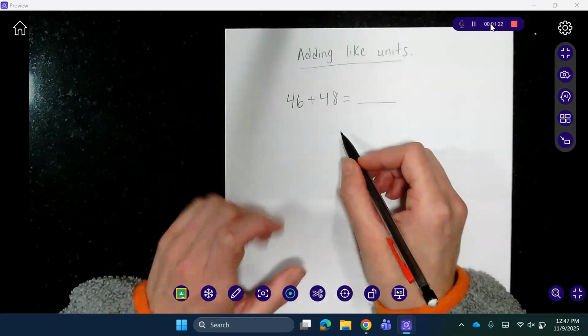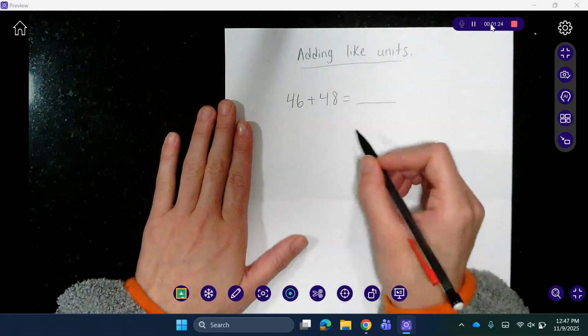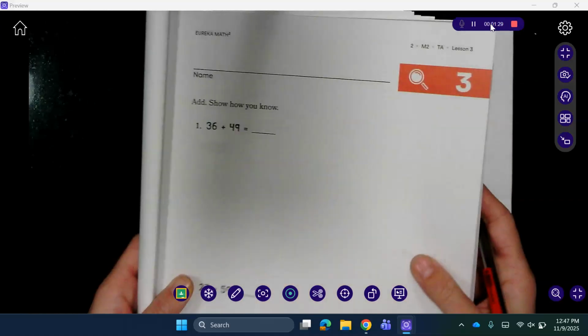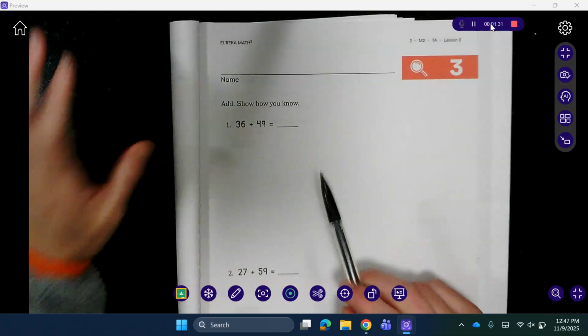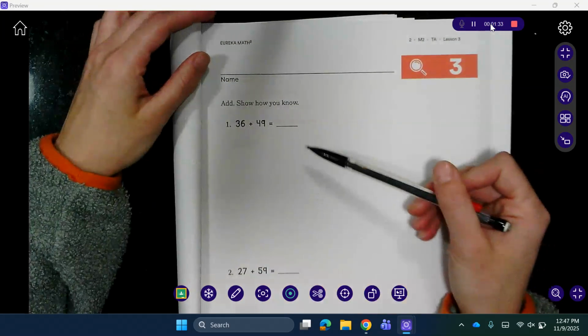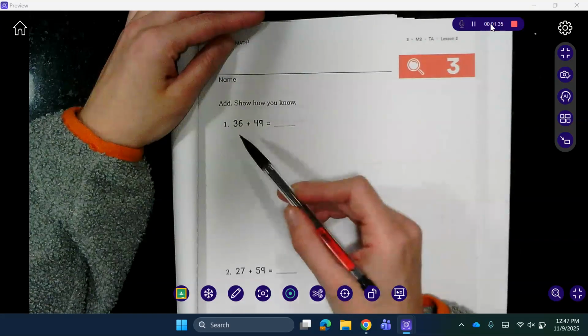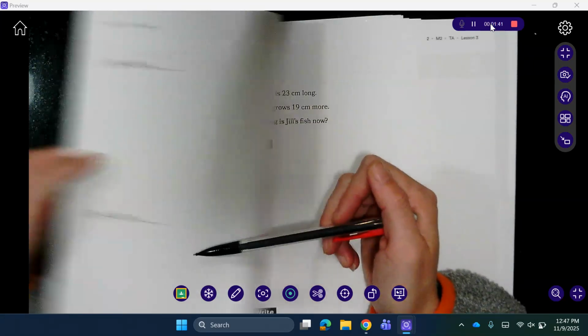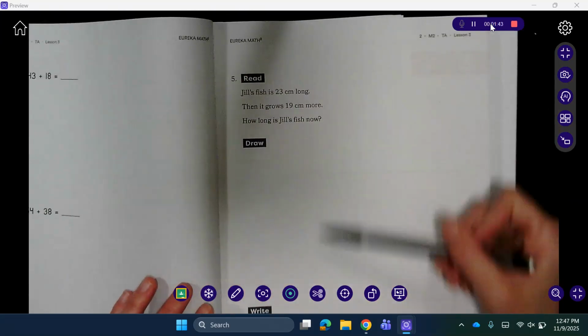Before I do this, I'm going to show you what you're going to be doing today by yourself. So after I show you this example, you're going to work in your workbooks. Don't turn right now. You're going to do just a few examples where you're going to add like units. So you're going to do number 1 and 2. On the back, there's 2 more examples, 3 and 4. And then you're going to finish your work today with a word problem.